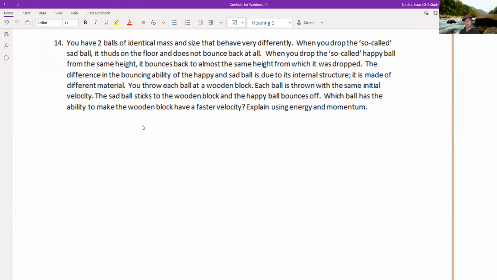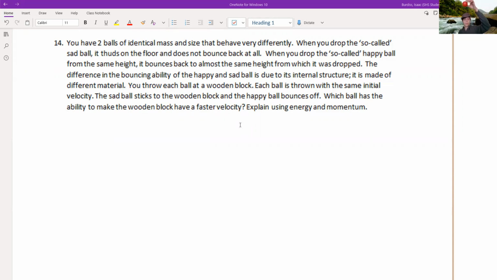Okay. You drop the so-called sad ball and it thuds on the floor and does not bounce back. Hang on a second, I can pause this. So sad ball, happy ball. I'm not going to drop it on my desk because that will dent it, so I just put it on the floor like it actually said.